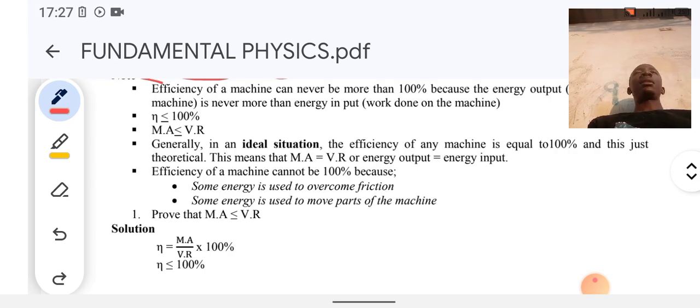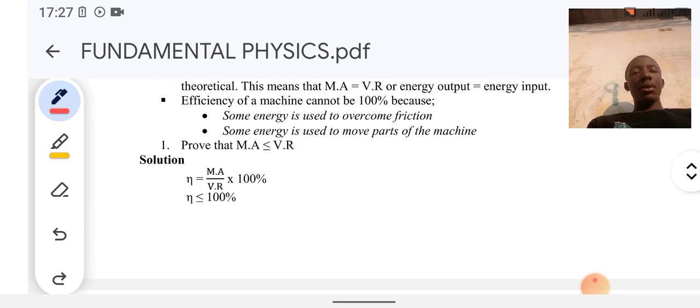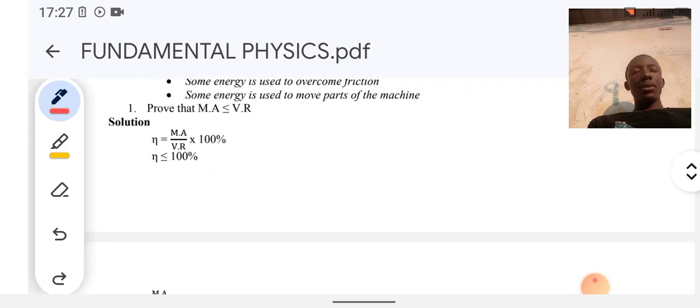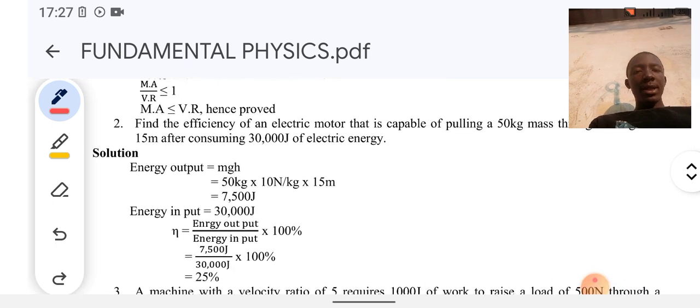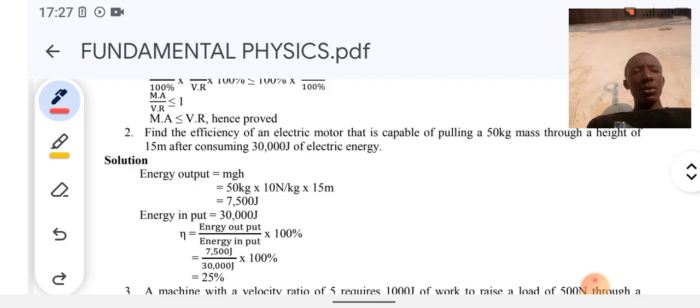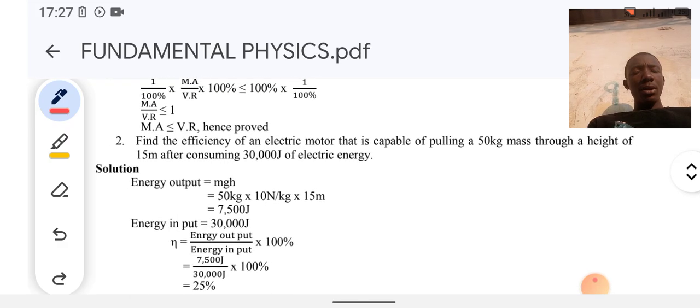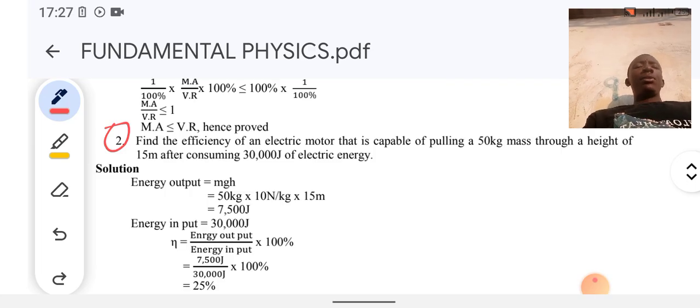Okay, so we'll move on. I'm sure we're done with the terms. Well, let's look at an example. Let's look at one example. Example number 2, which is this one. Find the efficiency of an electric motor that is capable of pulling a 50 kg mass through the height of 15 meters after consuming 30,000 joules of electric energy.